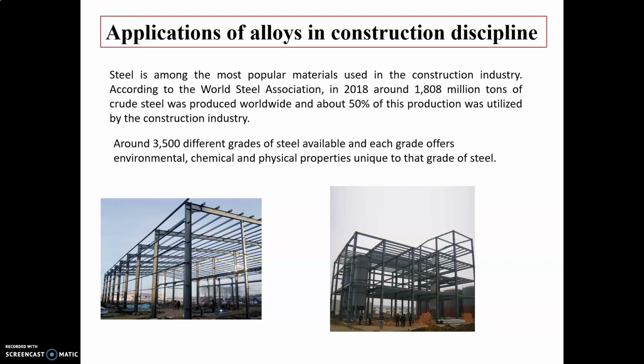Steel is among the most popular materials used in the construction industry. According to the World Steel Association in 2018, around 1,808 million tons of crude steel was produced worldwide, and about 50% of production was utilized by the construction industries. Around 3,500 different grades of steel are available, and each grade offers environmental, chemical, and physical properties unique to that grade of steel.